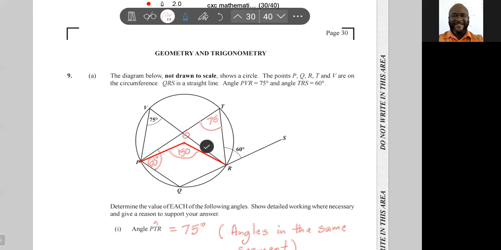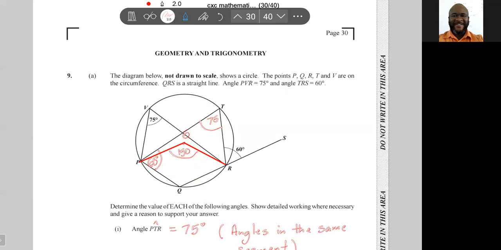The basic reason for that is this. The angle at the center is 2 times the angle at the circumference. The angle at the circumference is 75, so the angle at the center is 150. How do I identify angle at the center and angle at the circumference? They must both start and end at the same points on the circumference. They both start at P and end at R. One goes up to the circumference, the other goes to the center.